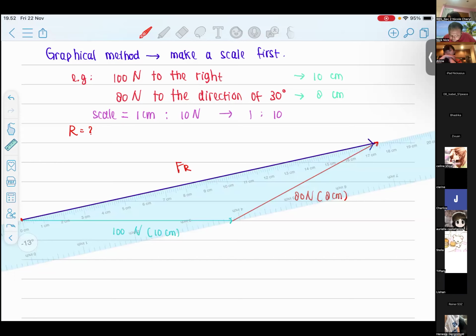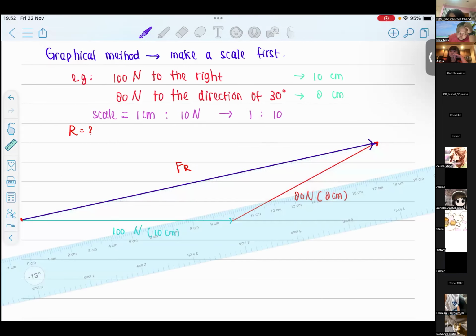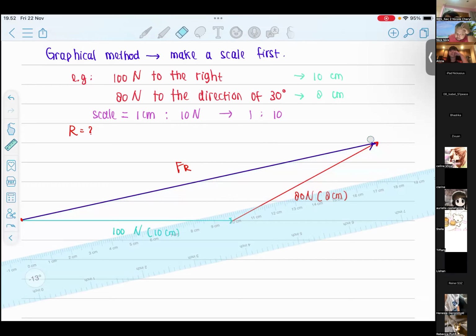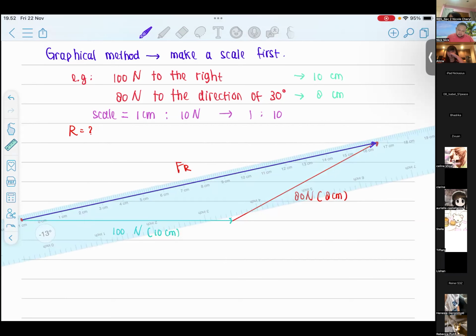I think 17.5, sorry, it should be until the end here. FR is 17.5 centimeters.